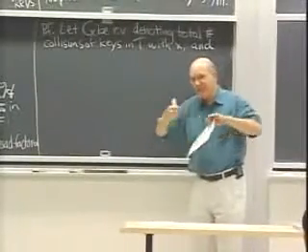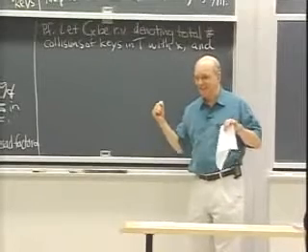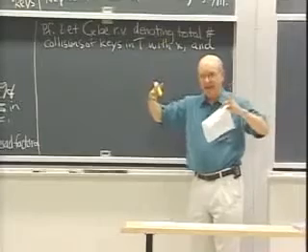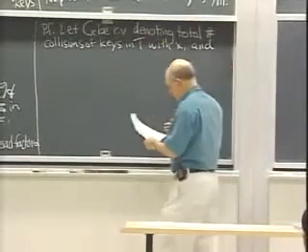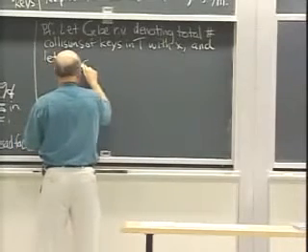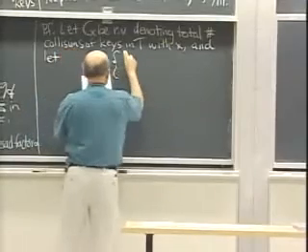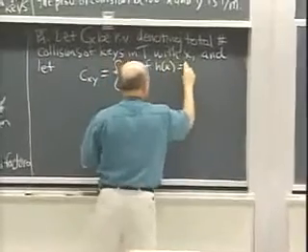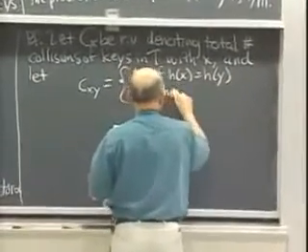If you can decompose things into indicator random variables, the analysis goes much more easily than if you're left with aggregate variables. So we let our indicator random variable be little c of xy, which is 1 if h of x equals h of y, and 0 otherwise.